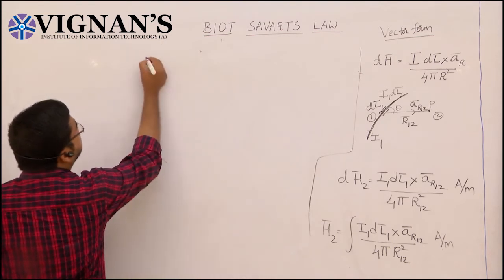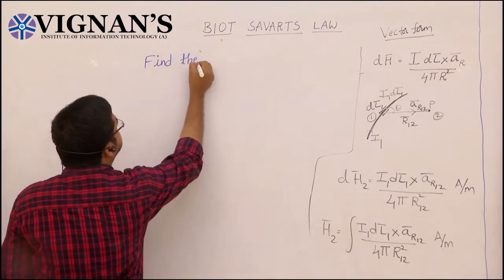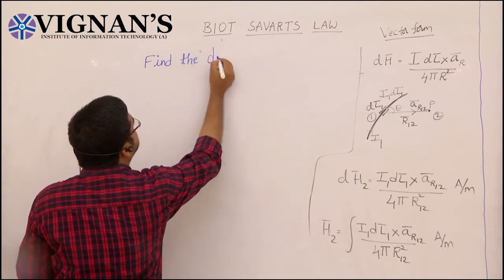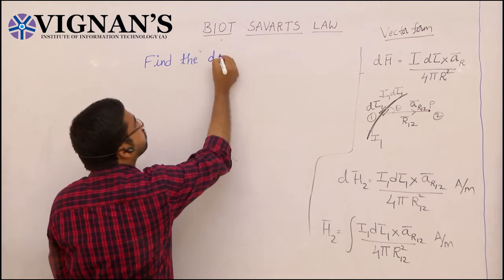I want to find the differential magnetic field intensity, which is nothing but dH.